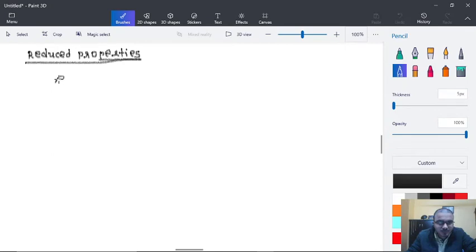Then for reduced pressure we can write this as the ratio P divided by PC. Similarly we can get VR is equal to V upon VC, and also a reduced temperature, that is equal to T upon Tc.